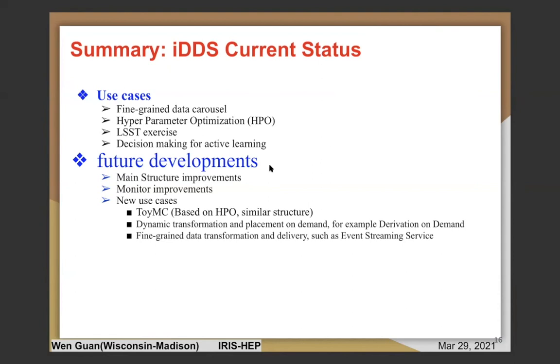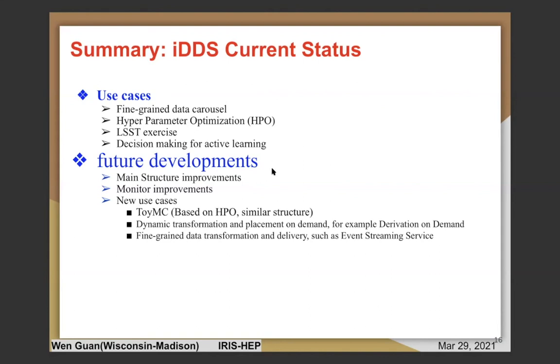We need a service to orchestrate WFMS and DDMS, to connect the information between each other and to trigger the processing, for example, fine-grained workflows.